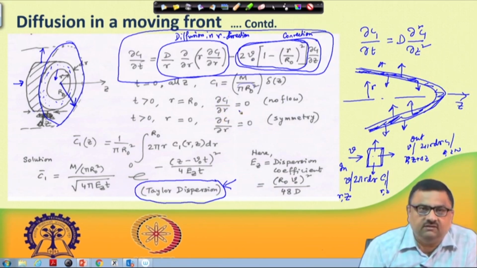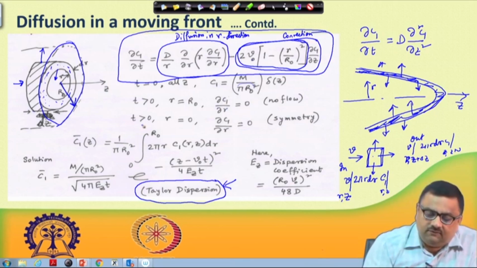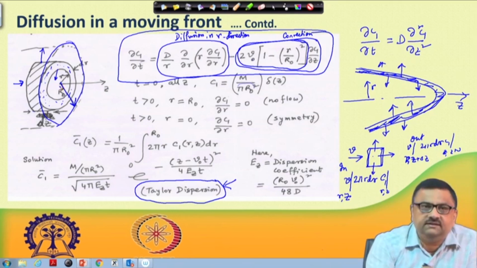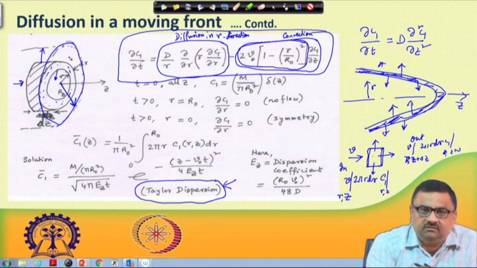Simplified, it is del C1 del r equal to 0, no flow. And for t greater than 0 at r equal to 0, intuitively we can see there has to be some symmetry existing at r equal to 0.